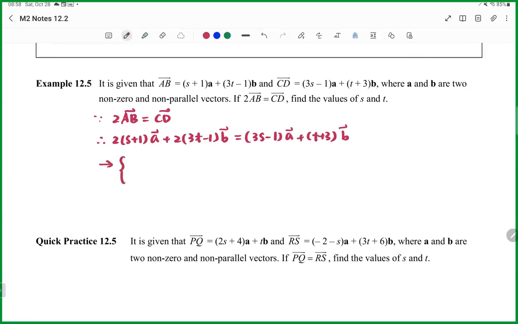Therefore, we have 2s plus 2 equals 3s minus 1, and 2t, sorry, not 2t, 6t minus 2 must equal t plus 3. And then you can find the coefficients: s equals 3 and t equals 1.